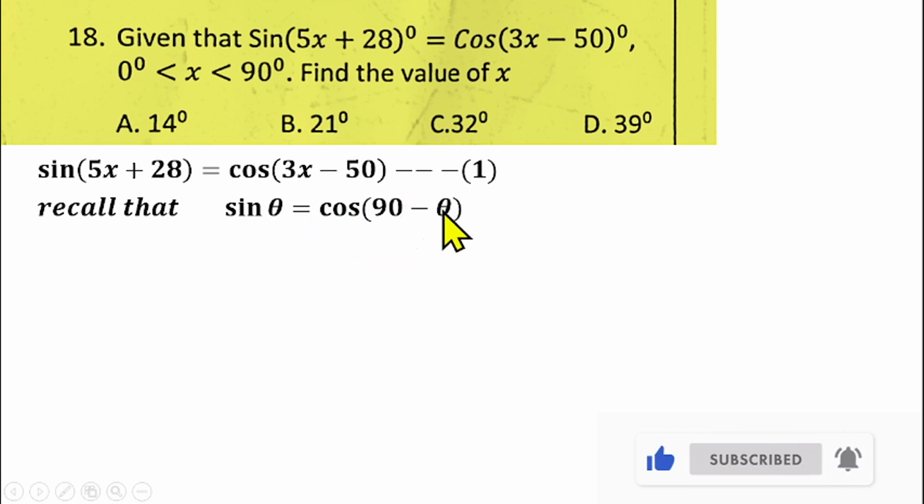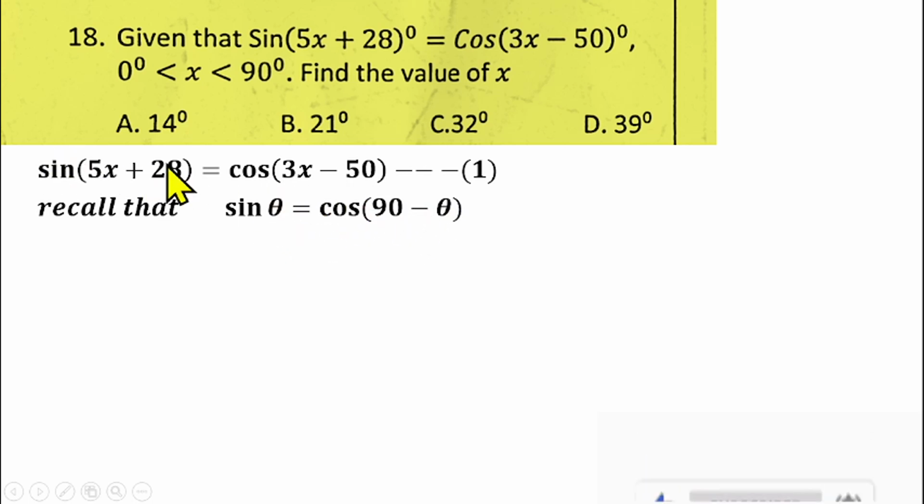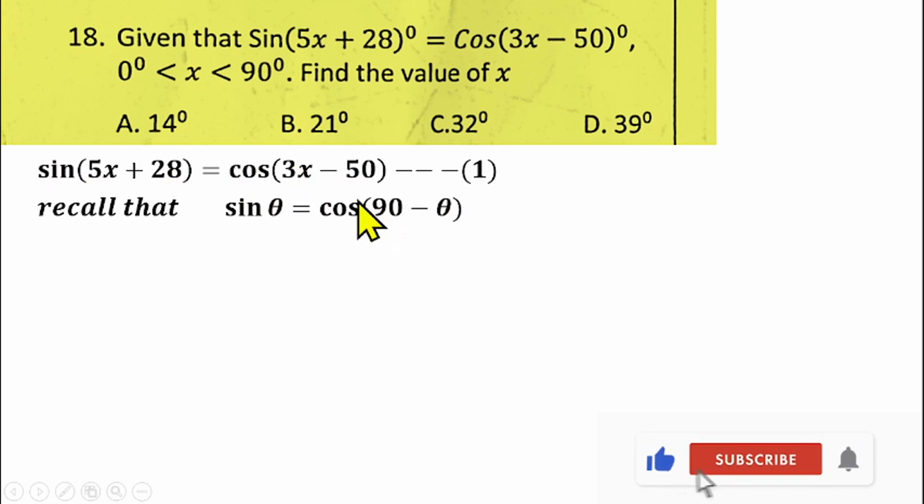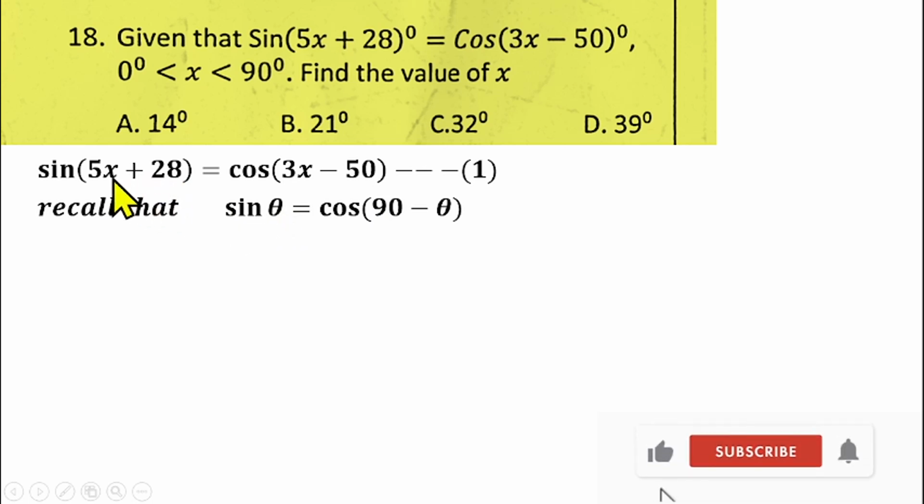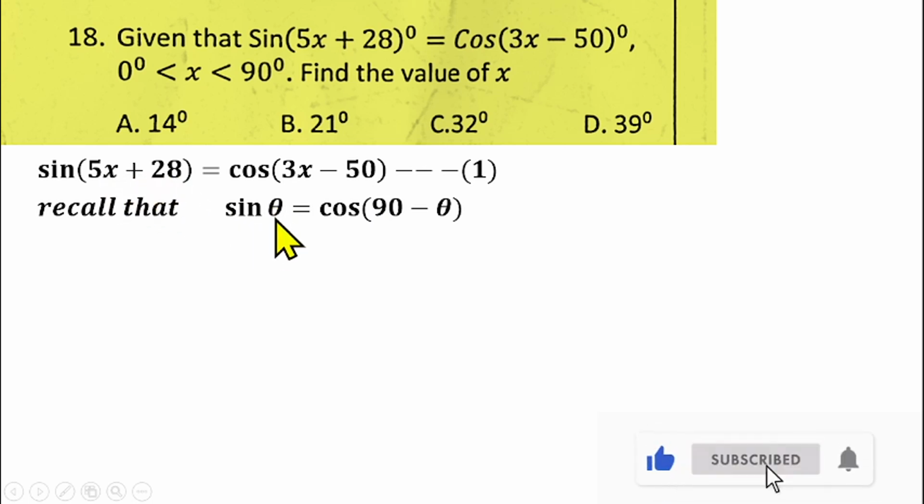So now if you recall that this is a complementary angle, then we can now simplify this to look like this. How? Our theta here is being replaced by 5x plus 28. So 5x plus 28 will replace theta here, and whatever you replace theta with here, it's going to replace theta here as well.